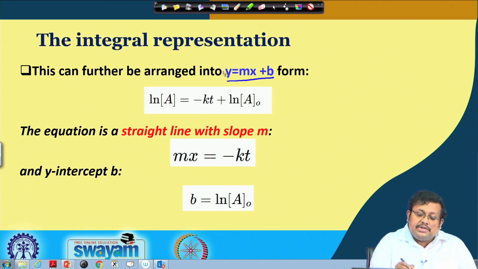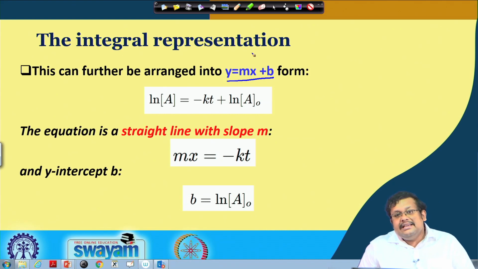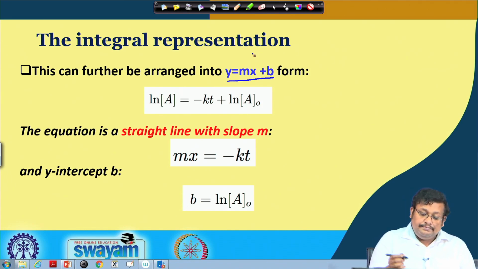Now, you know this y equal to mx plus b is nothing but the equation of a straight line. Here you can see it is taking the form of y equal to mx plus b.